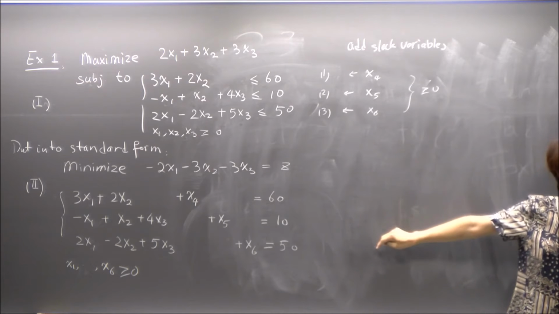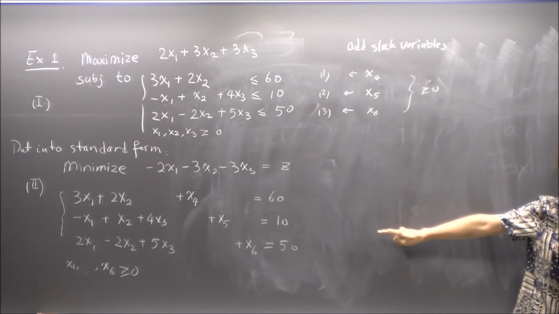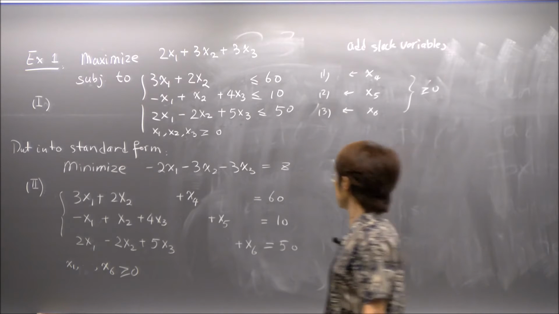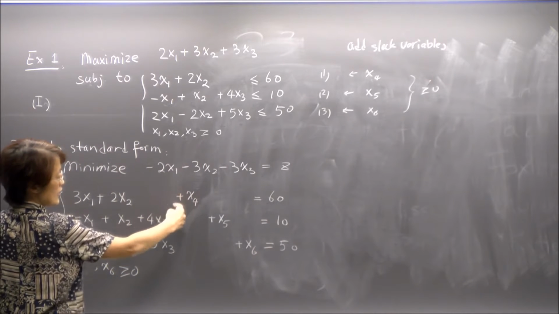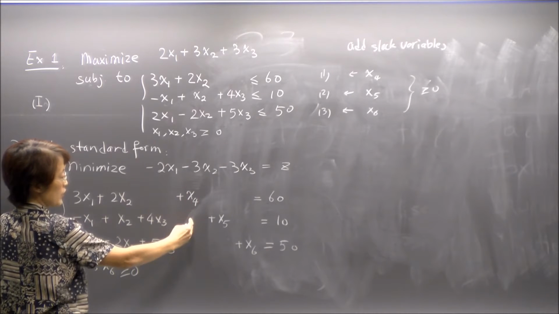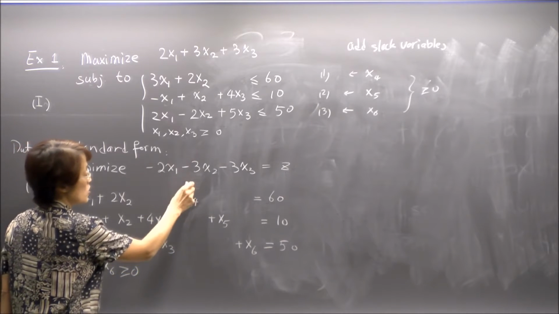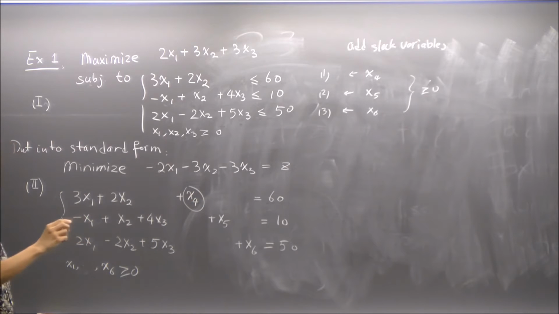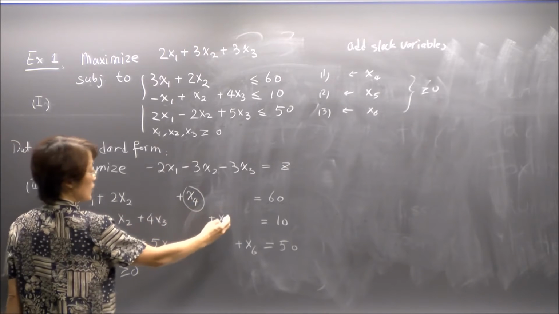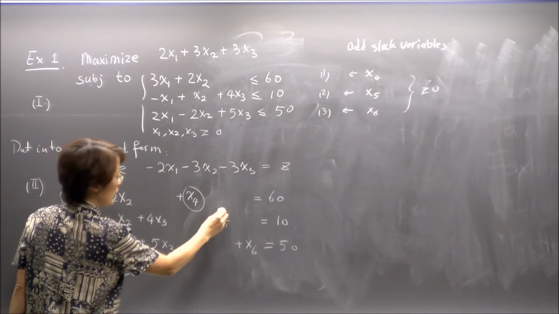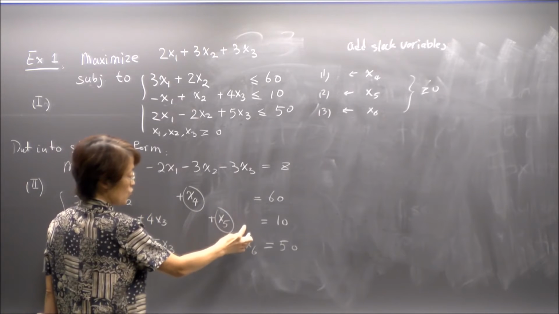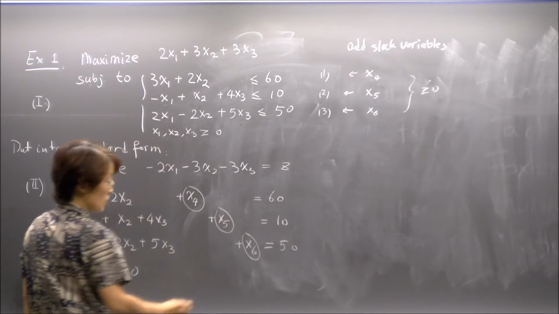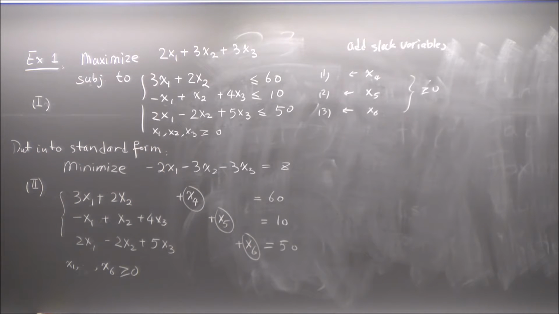If it is, what are the basic variables? For the first equation, this has coefficient 1 and 0 in the others, so that's a basic variable, right? And for the second equation, this one is 1 but 0 everywhere else. That's a basic variable. And for the third one, this is 1 and that's 0. So the slack variables that we added are actually the basic variables.